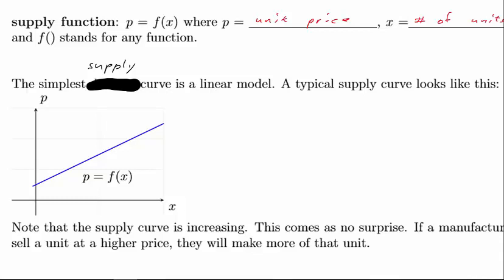When you think about this for a moment, it should make perfect sense. The higher the price that you can get for a good, the more you're willing to make of that good. A good example of this is oil and gas exploration. As the price of a barrel of oil goes up, the more willing companies are to go out and drill more wells.